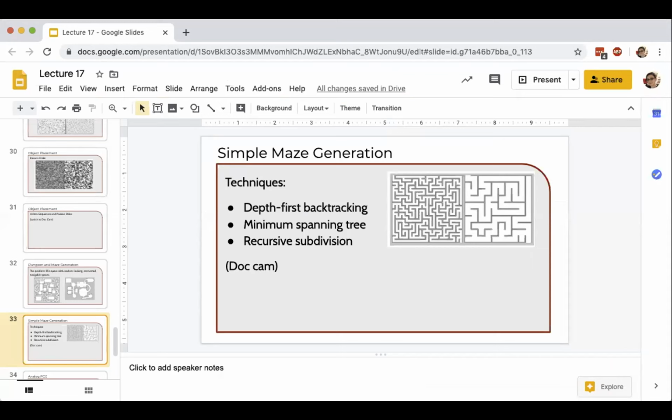Oh, I lost Zoom. I can't find my dot cam.